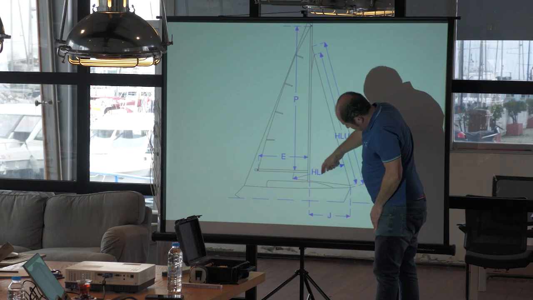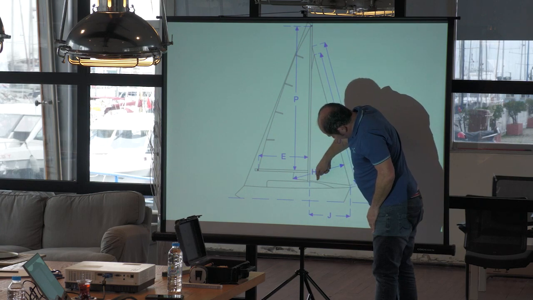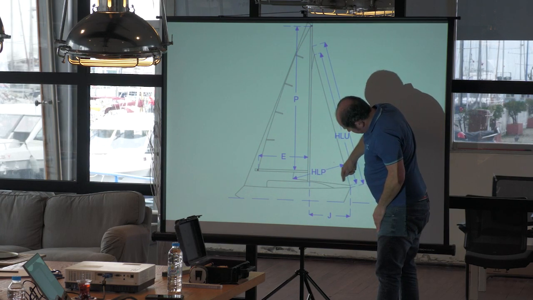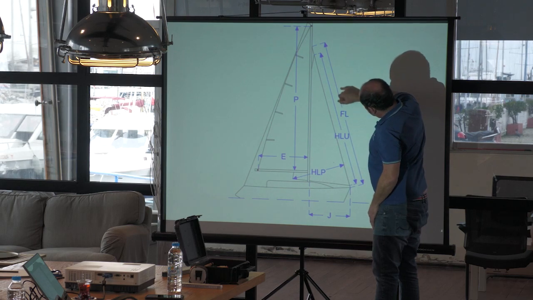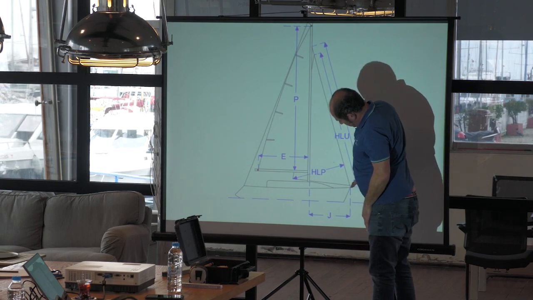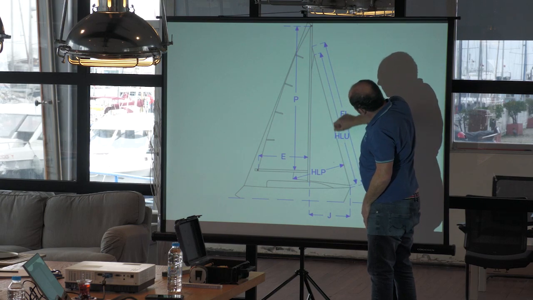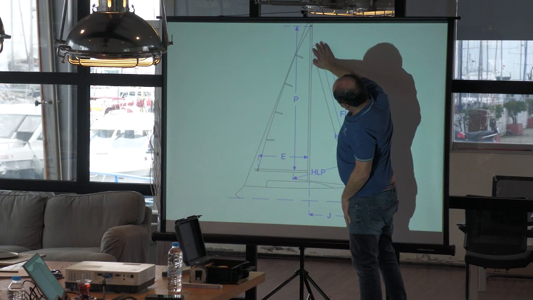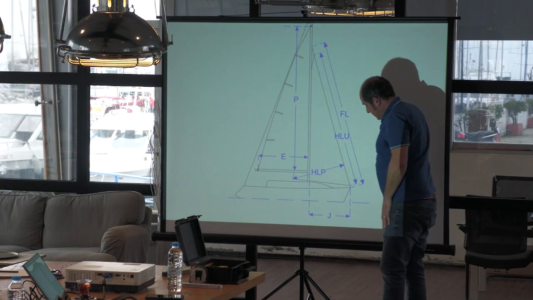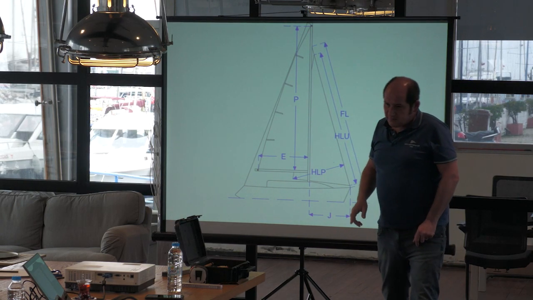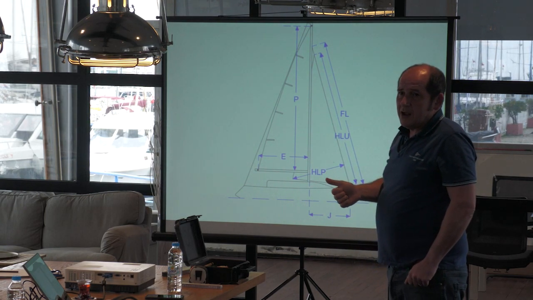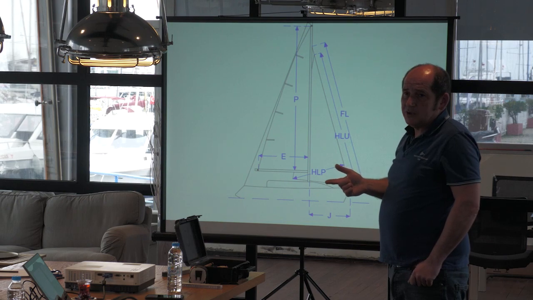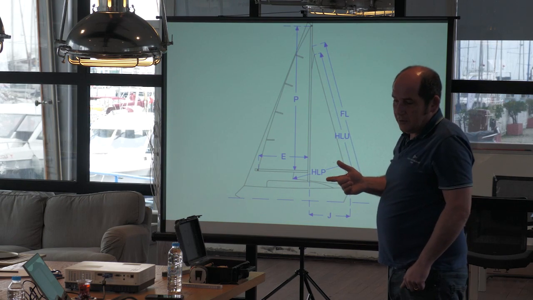The J, which is the horizontal distance from the foremost part of the mast to the point where the forestay meets the deck. And the forestay length, which is from the point where the forestay meets the deck to the point where the forestay meets the mast. Then you have the spinnaker pole measurement, the SPL, and the bowsprit measurement, which is the spinnaker tack length.